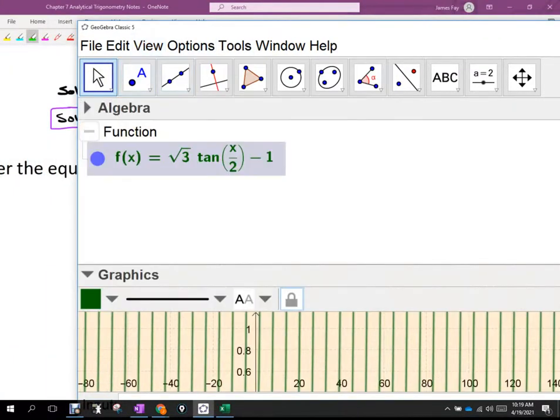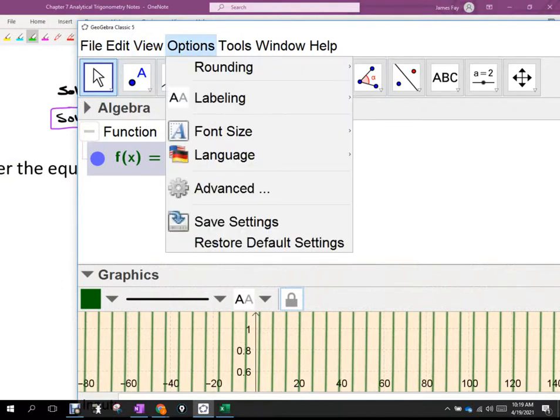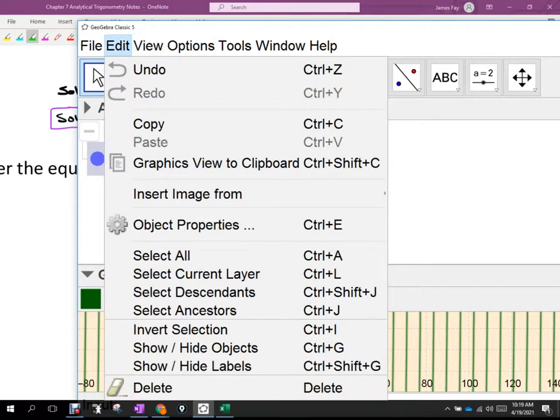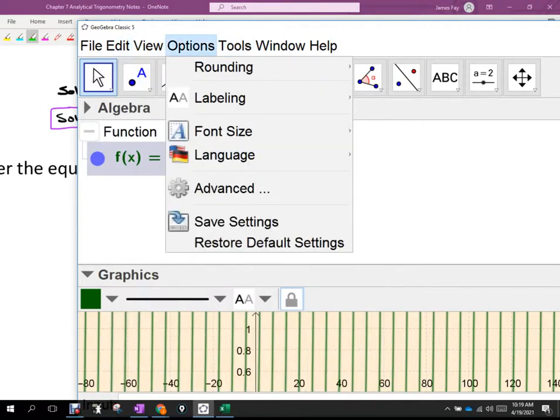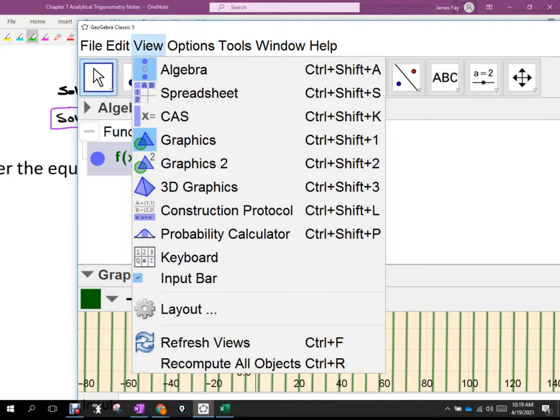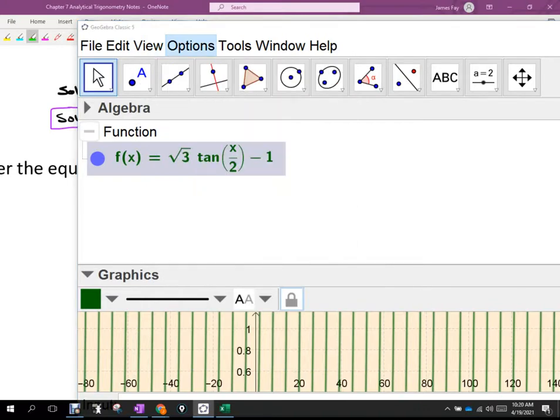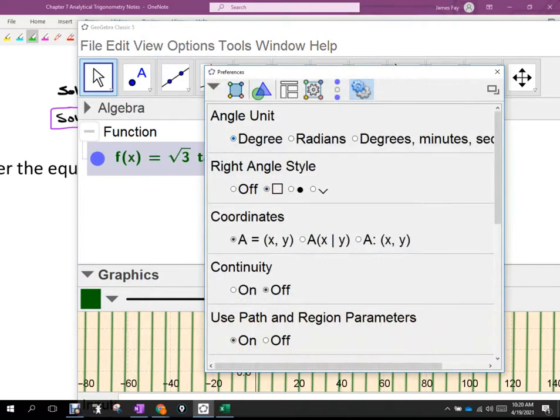Oh, I know. Because of my mode. This just might be easier to mess around with in Desmos. See how, well, it is in degrees.